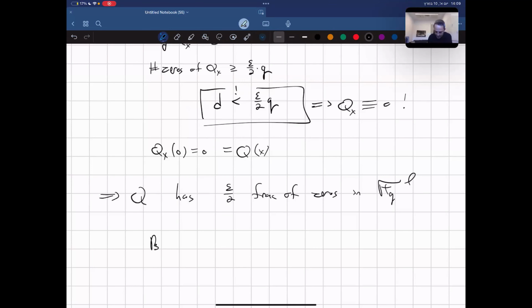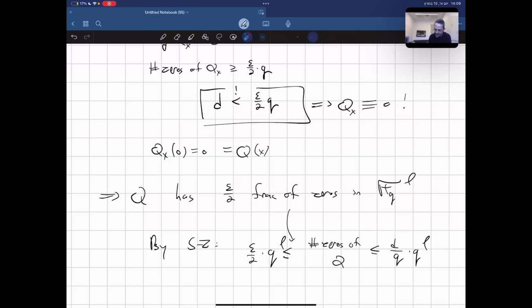Because by Schwartz-Zippel, we know that Q is a non-zero polynomial, so the number of zeros is at most d over q times q to the L. That's Schwartz-Zippel. And we just proved that it has many zeros, epsilon over 2 times q to the L. And that's a contradiction to this choice of parameters.